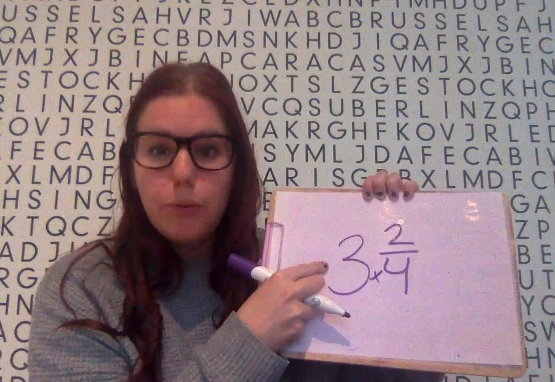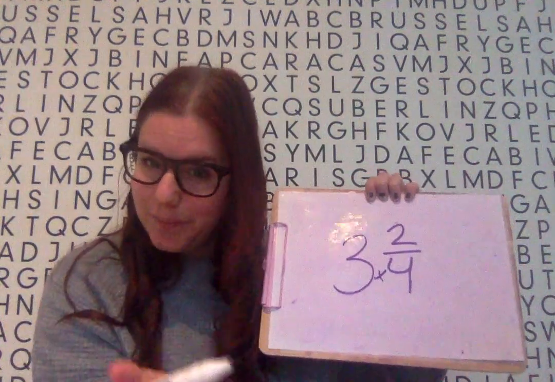Let's try a few more using the last method, because it is the quickest and easiest once we get into bigger and more difficult numbers. This time, let's look at 3 and 2/4. Remember, we multiply 4 times 3. We get what? 12.